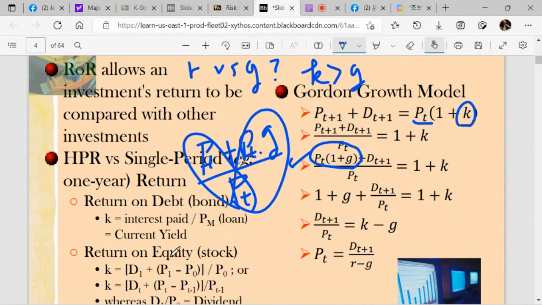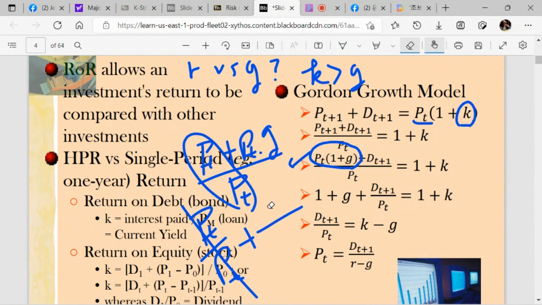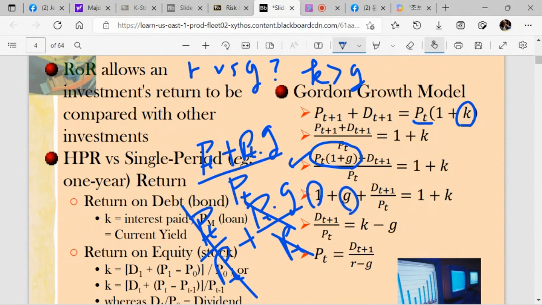And if you split it, PT over PT is 1, right? Plus PT over PT times G over PT. The PT over PT gets canceled out. Therefore, you will have only 1 plus G left.